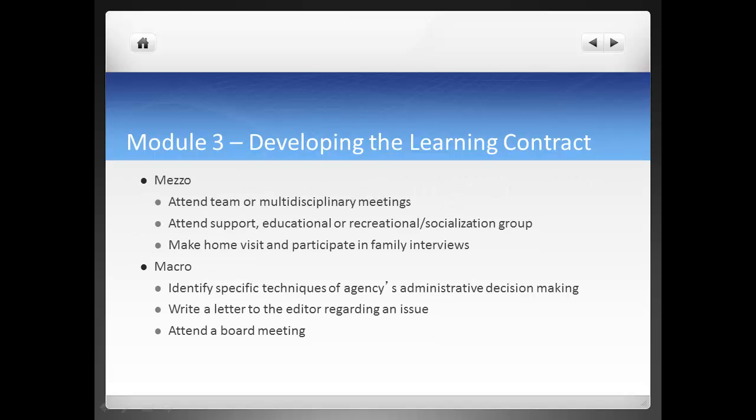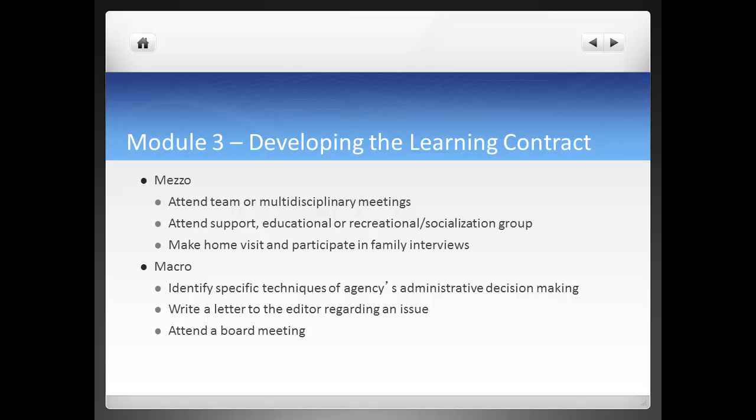On the meso level, or the family or group level, attending a team or a multidisciplinary team meeting, attending support, educational or recreational or socialization groups, making home visits, and participating in family interviews. These are all activities that can help meet that criteria for a meso practice experience.